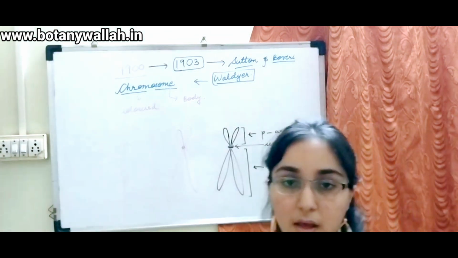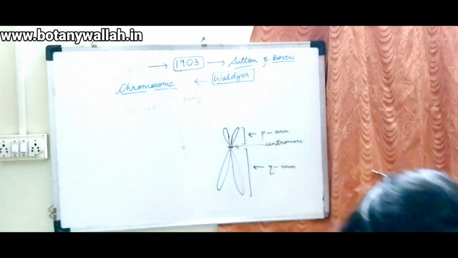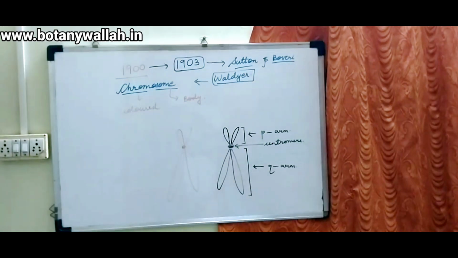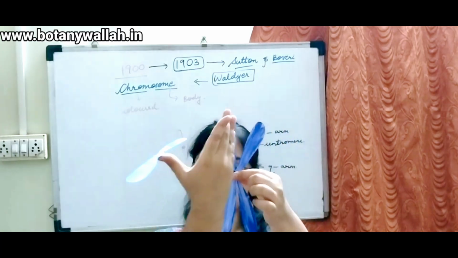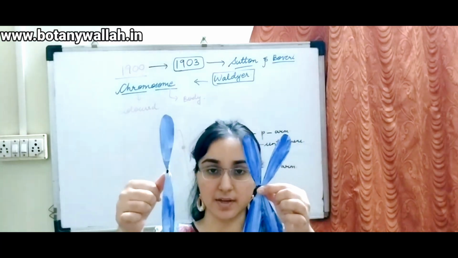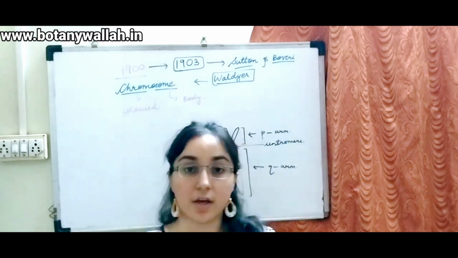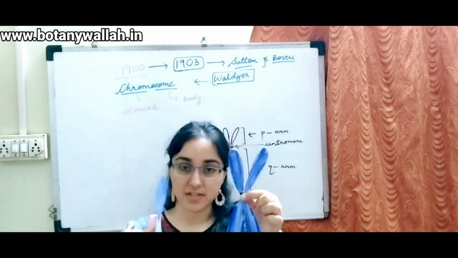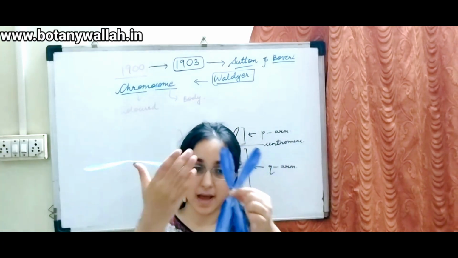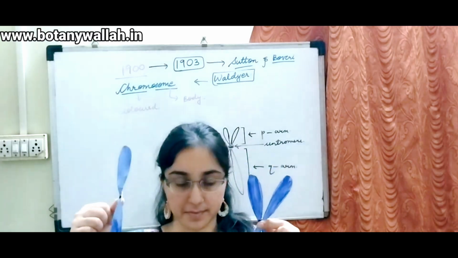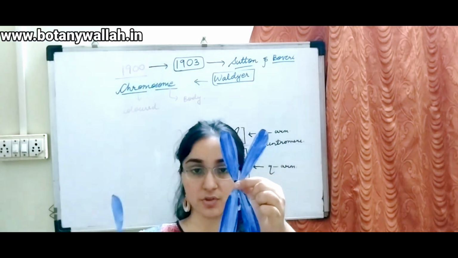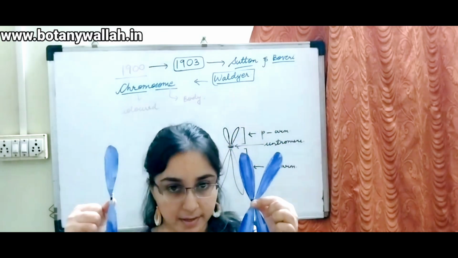See, I have taken this entire chromosome, and this is exactly half. If you take the exact half of this, then you will get this. So this is the chromosome, and just one half of it is known as a chromatid.